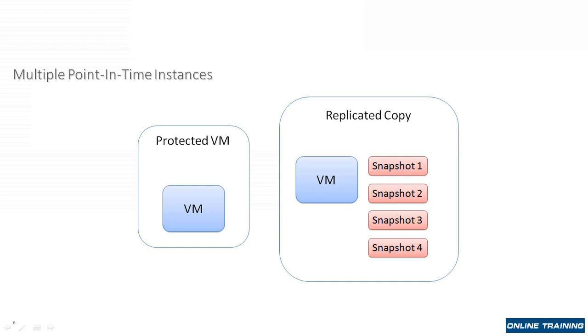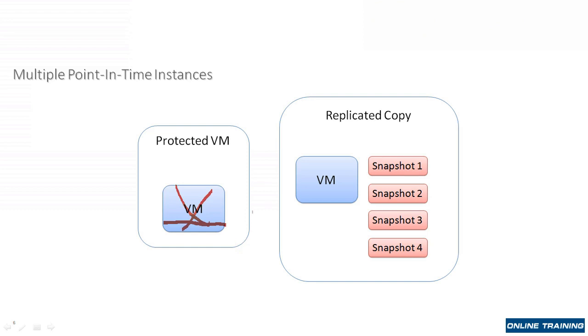Right? So when you configure replication for a virtual machine, you can enable multiple point in time instances. So for example, let's say that we have this protected virtual machine that is a SQL server. Right? So here's my SQL server. And some sort of data corruption has just occurred on this virtual machine.